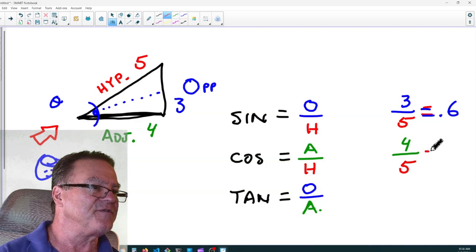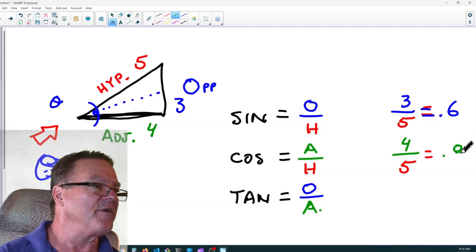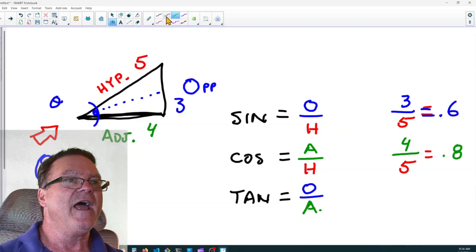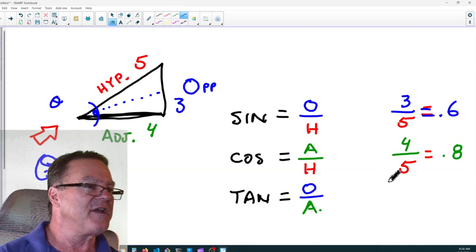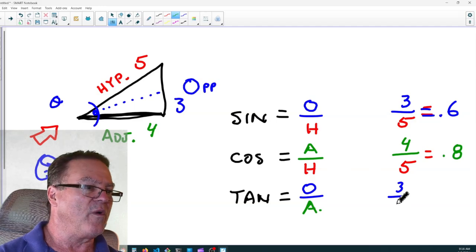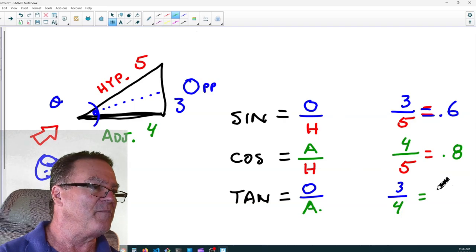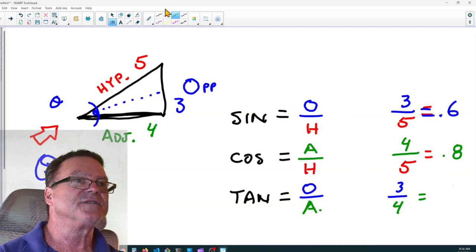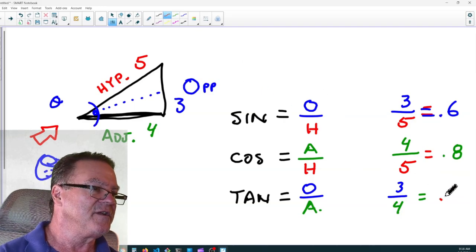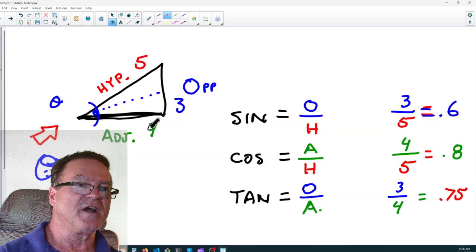The hypotenuse is 5, so my cosine is 0.8. And my opposite over my adjacent is 3 divided by 4, so 0.75. So those are the 3 different measurements for sine, cosine, and tangent. Sine is 3/5, cosine is 4/5, tangent is 3/4.